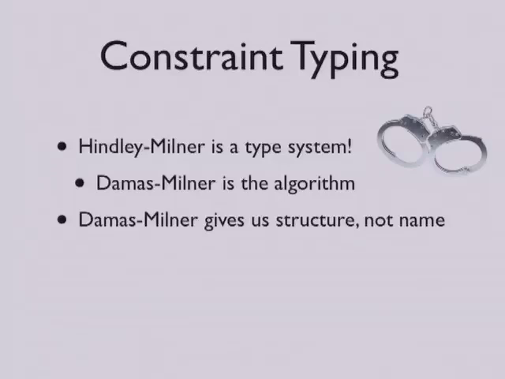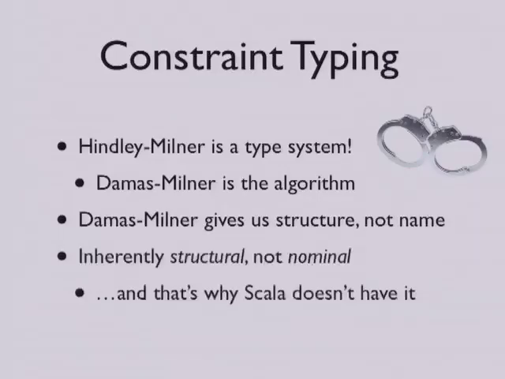In Java, all of your types have names. You define a class foo, okay? And that class has some type associated with it, and its name is foo. Damas-Milner doesn't know anything about what you happen to label a type. All it knows is what properties the function is expecting from the type. So Damas-Milner is a structural algorithm, not a nominal algorithm.